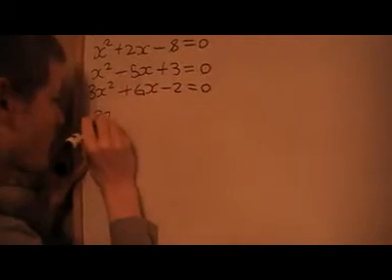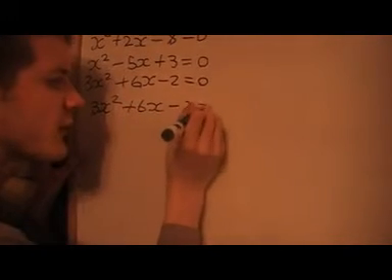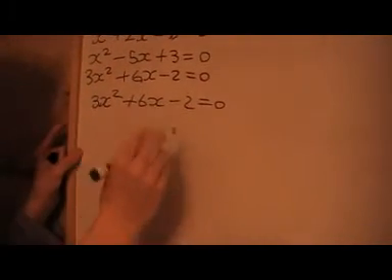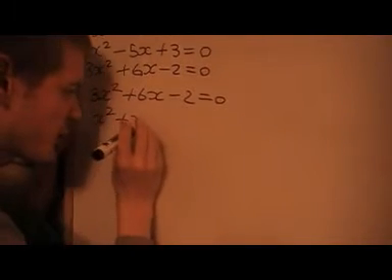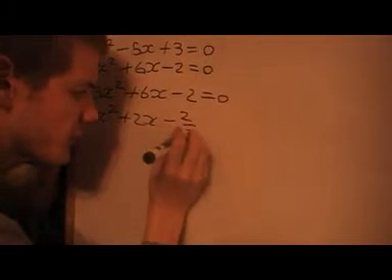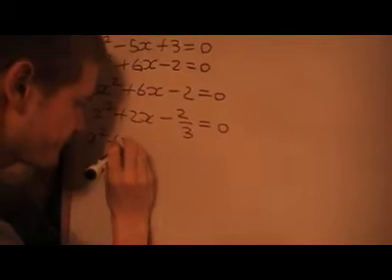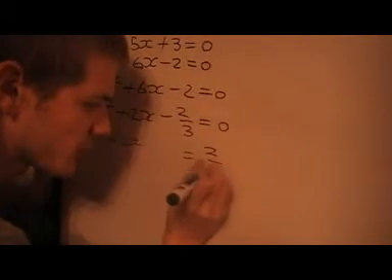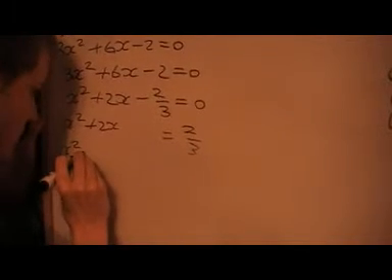And now I've just got one example I need to do where we've got a coefficient of the x squared. So all I do to start this off is I divide by 3. So I get x squared plus 2x minus 2/3 equals 0. Move it over. Complete the square.